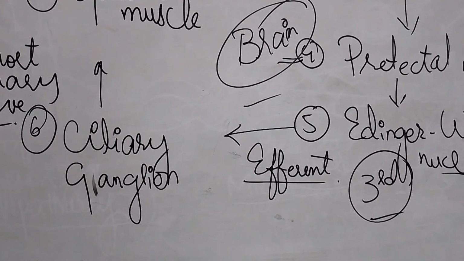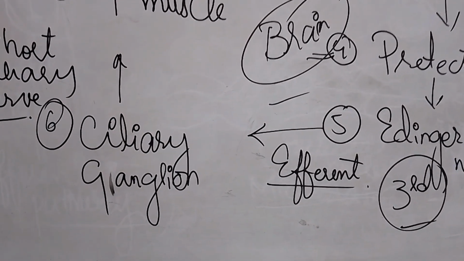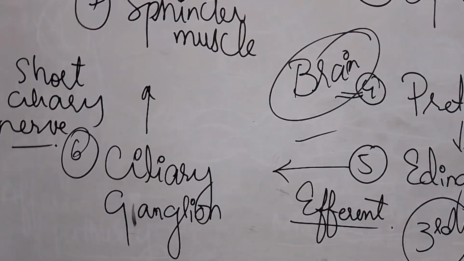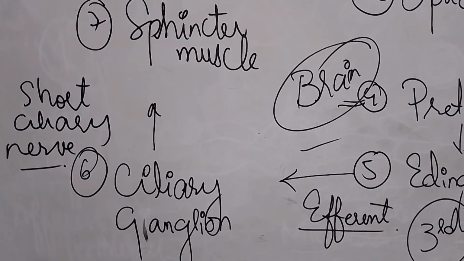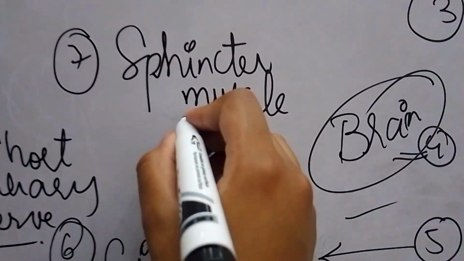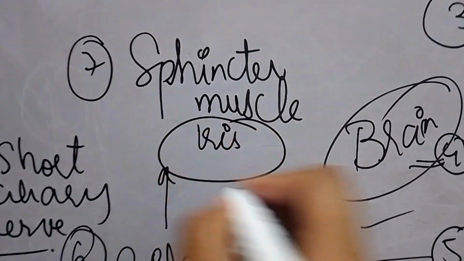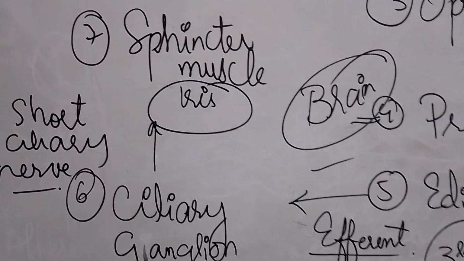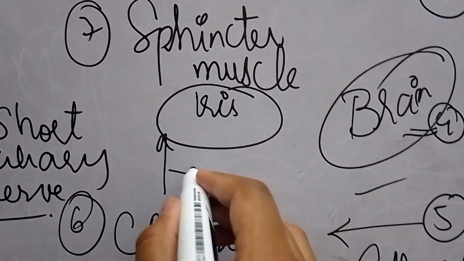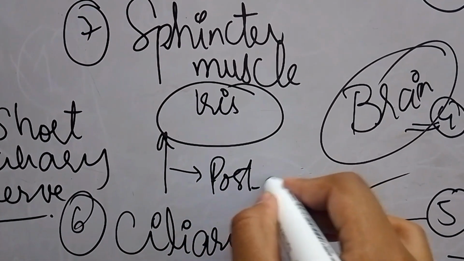So from the third cranial nerve, the information is sent to the ciliary ganglion via preganglionic fibers, and from the ciliary ganglion, the information is sent to the sphincter muscle in the iris. Through which nerve is the information sent? The short ciliary nerve, and these are the postganglionic fibers, right?